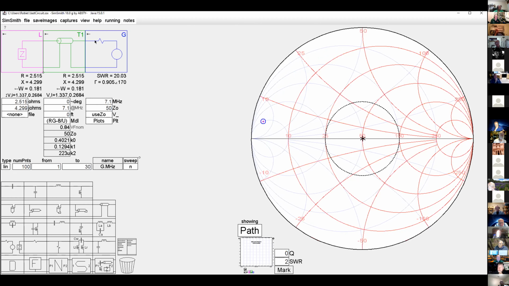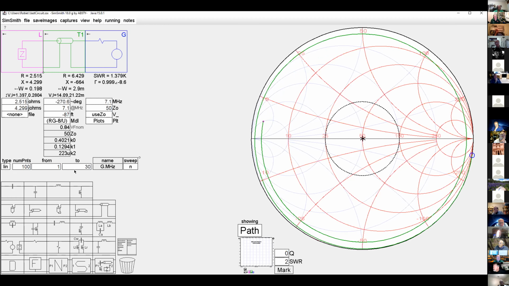Now this point is the same as this point, but to determine what's at the antenna, I'm going to go backwards in direction. So I'm going to make my distance minus 87 feet. I think that's going to tell me that my antenna is actually 6.429 or thereabouts, and its reactance is minus 664 ohms. So now I know what the antenna looks like.